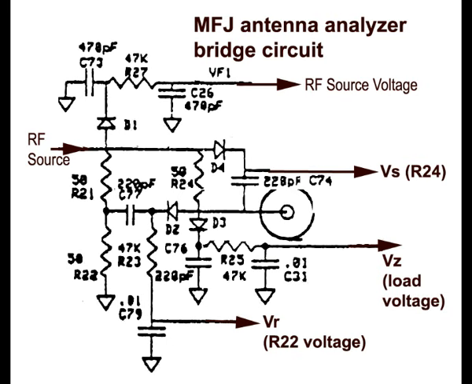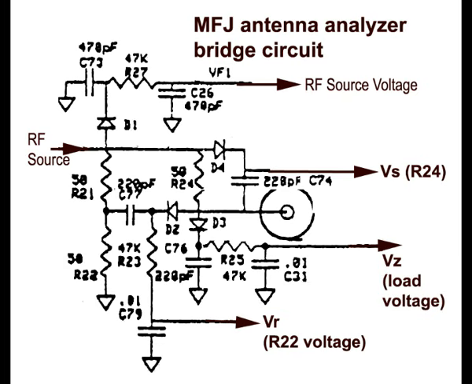While we programmed the MFJ antenna analyzer to give you things like return loss, mismatch loss, reflected power, and percent reflected power, while we programmed the calculations to do that, what this bridge actually measures is the impedance error at the point in the transmission line where you insert it. This bridge has no idea what the standing waves really are on the transmission line. It just knows the error in impedance at the point where the bridge is inserted, compared to the ideal impedance that the bridge is set up for.